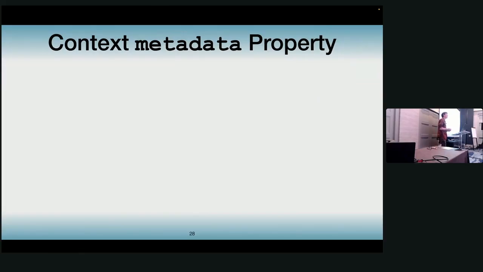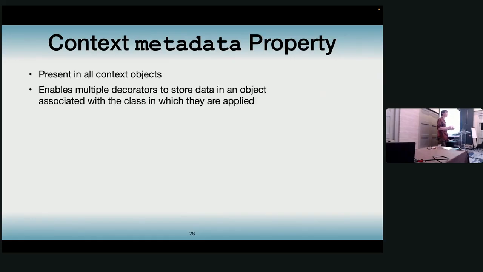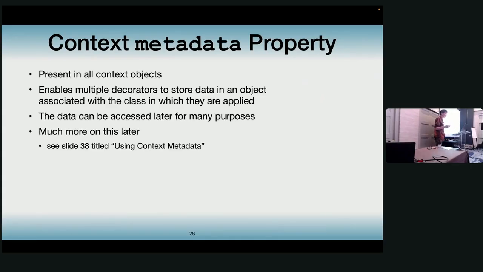There's also a property on the context object called metadata, and the most important use of this is it allows you to have multiple decorators applied to different things in your class, but they're all storing away some data so that later you can get to that shared data. There are many reasons that you might do this, but one that I show in the bonus slides at the end of this deck that I won't have time to go over, unfortunately, is a way of doing validation on a form.